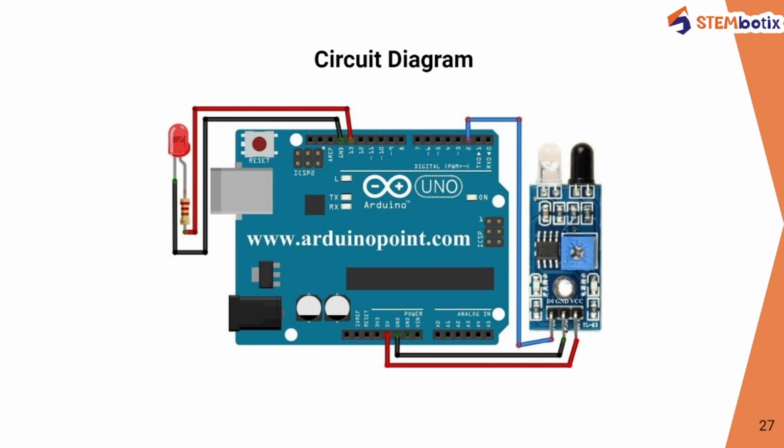The GND pin of the IR sensor is connected to the GND pin of the Arduino Uno board, and the VCC pin of the IR sensor is connected to the 5-volt pin. The LED anode terminal is connected to digital pin number 13 via a resistor, whereas its cathode is connected to the ground pin of the Arduino Uno board. So this is how the IR sensor and LED are going to be connected with the Arduino Uno board.